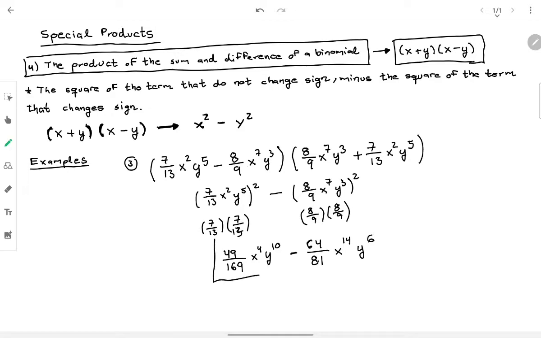And this is going to be the final and correct order of the answer, because we put the positive first, then the negative one. So let's see another example.